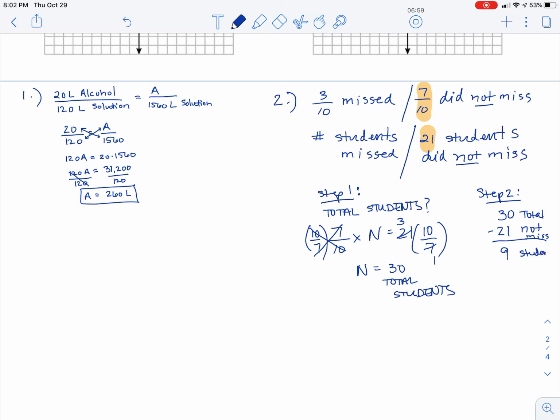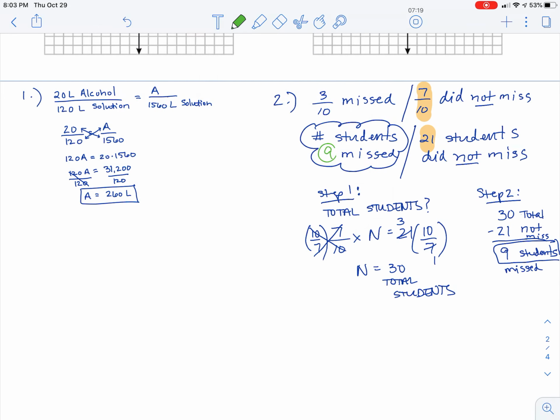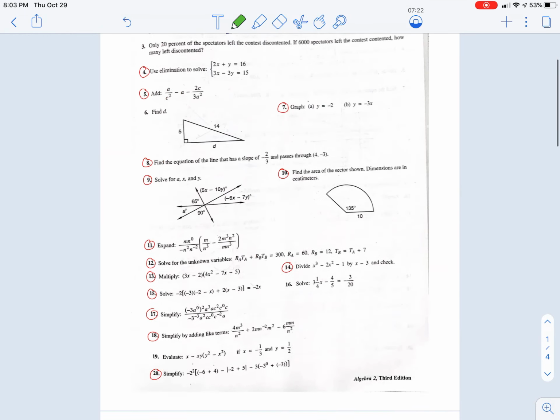So 9 students did miss the demonstration. So the answer then would be 9 students. So we just figured out this part right here is 9. Okay, and that's how you do number 2.